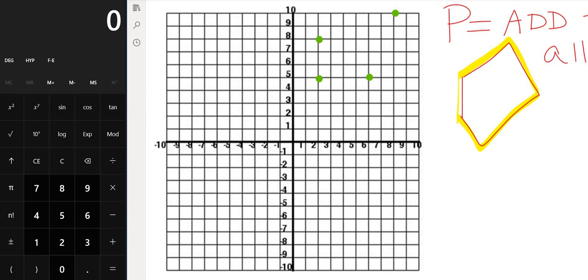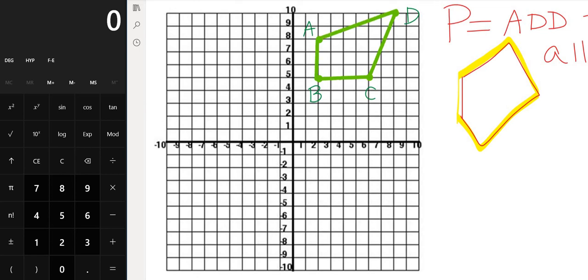Okay, so those are our points. I'm going to go ahead and label them as well. Don't forget to label A, B, C, and D. I'm going to go ahead and connect all of these points as well. So A to B, B to C, C to D, and then A to D.